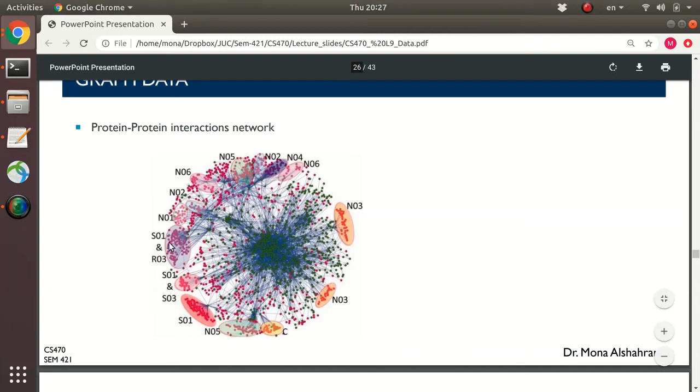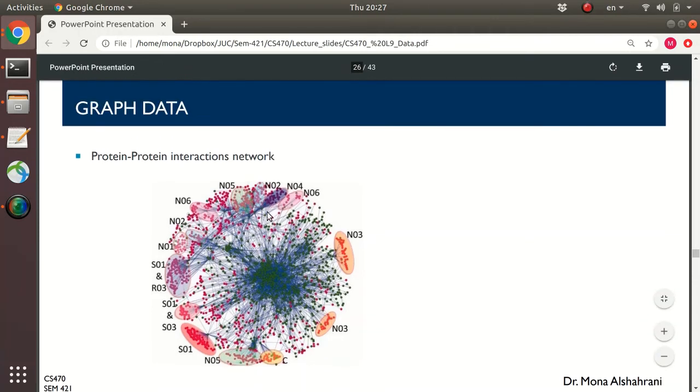By clustering that, by finding out which proteins interact with each other more, you can see that some proteins interact with each other more than other proteins, and you can derive some hypothesis. You can say that these proteins might be involved in the same mechanism, or they might be involved in the same disease. And with that, you can derive new facts or new insight.